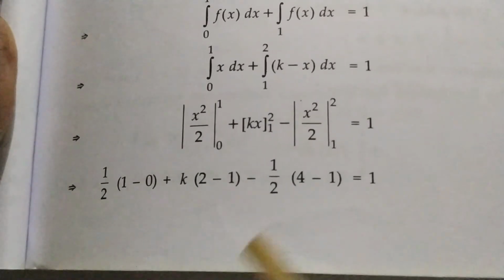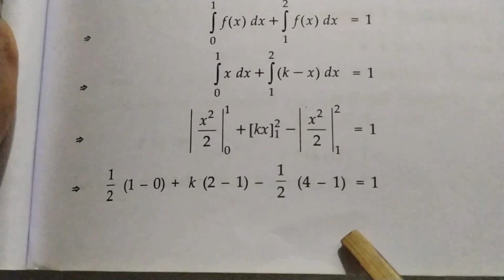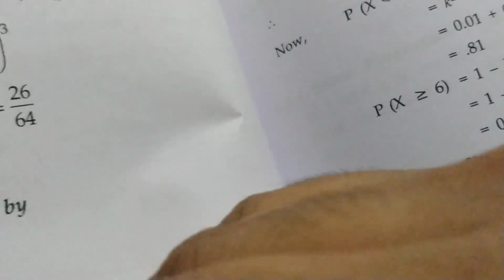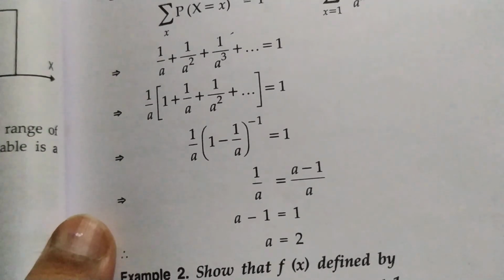Now if you simplify this, you will get the value of k. So here we get the value of k is 2. It means it is a probability density function for k is equal to 2.